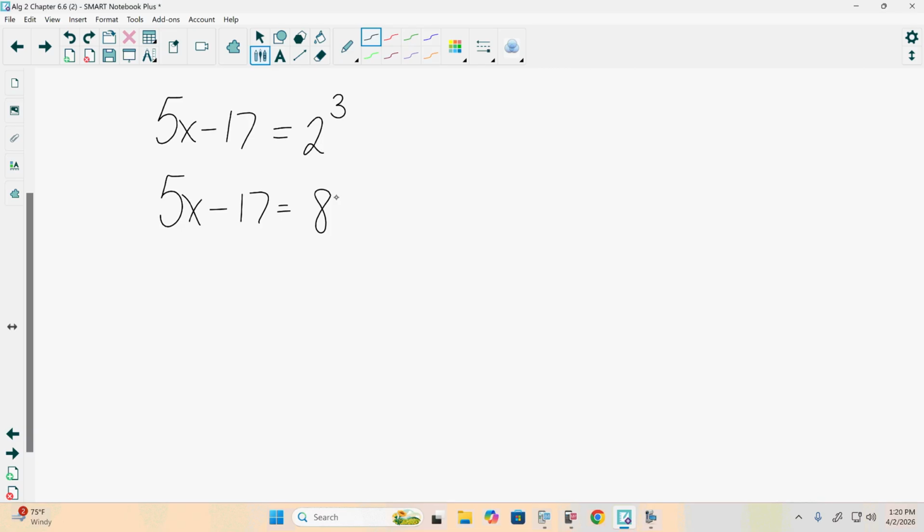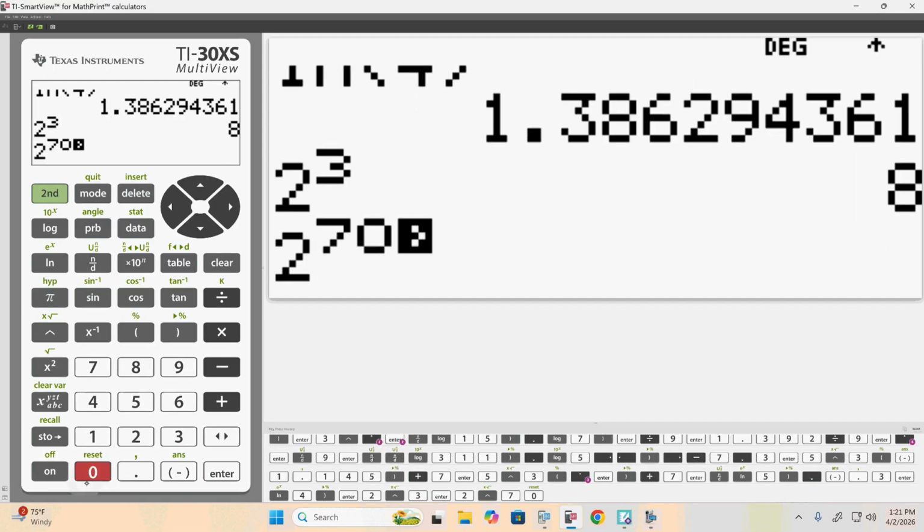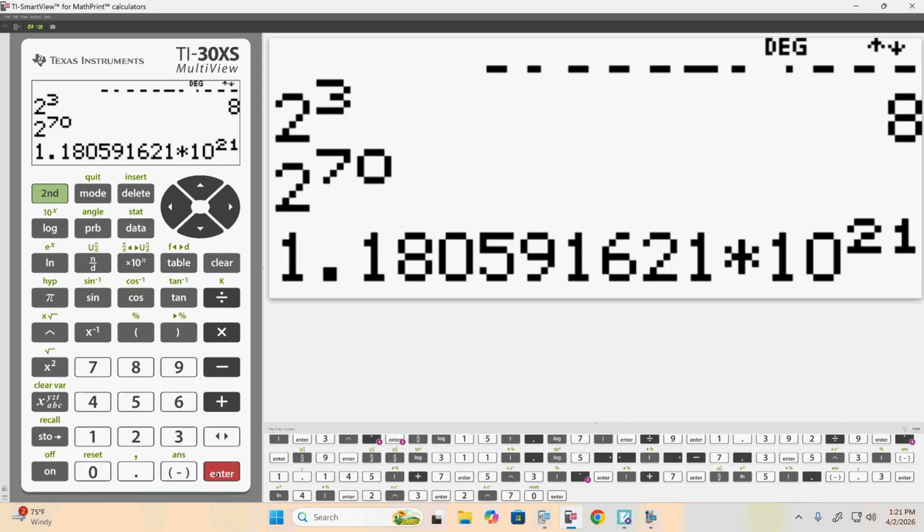Now, when I say nice number, I mean 2 things. One, we don't have an irrational number, a non-terminating, non-repeating decimal. Or the number is just too big. So if it had told us that we actually have 2 to the 70th power, that's way too big for me to be able to write out. Because 2 to the 70th, we're talking about a number like this here.